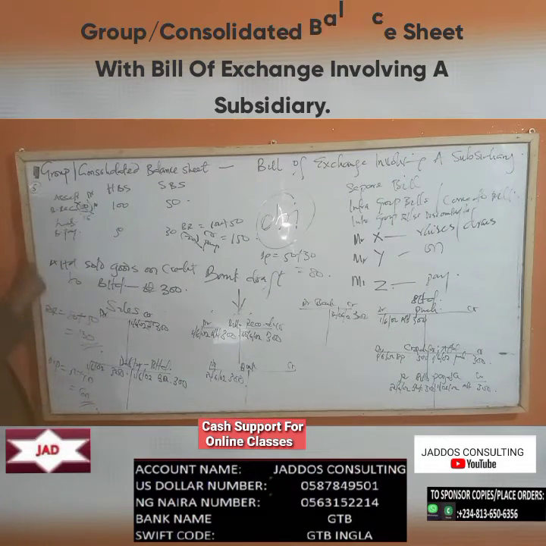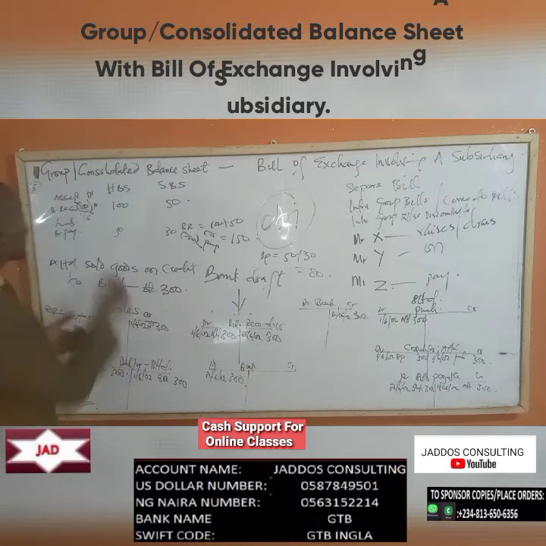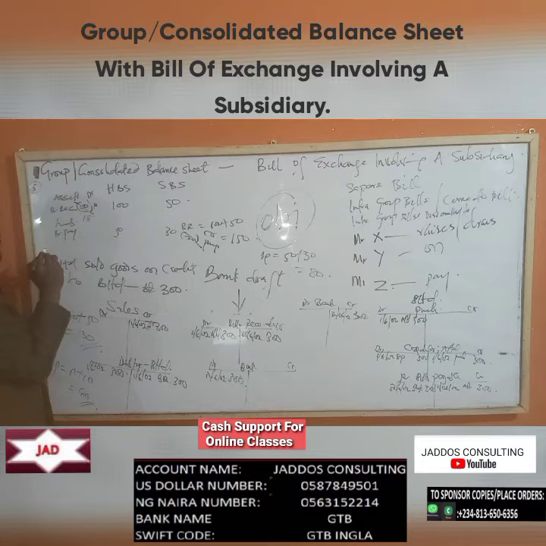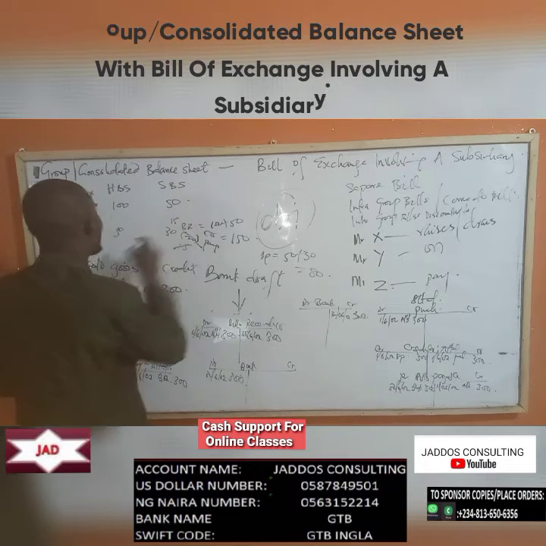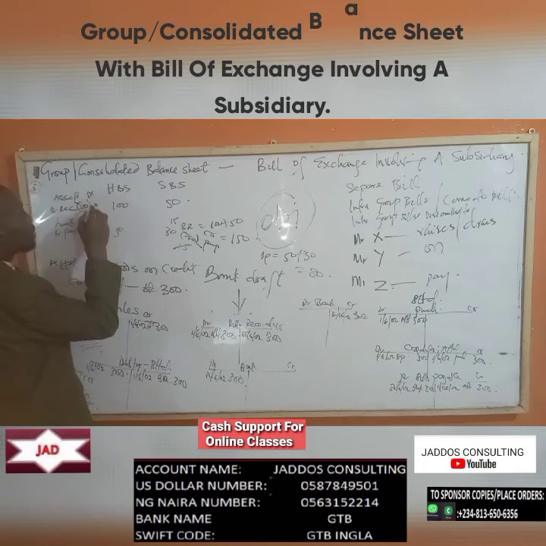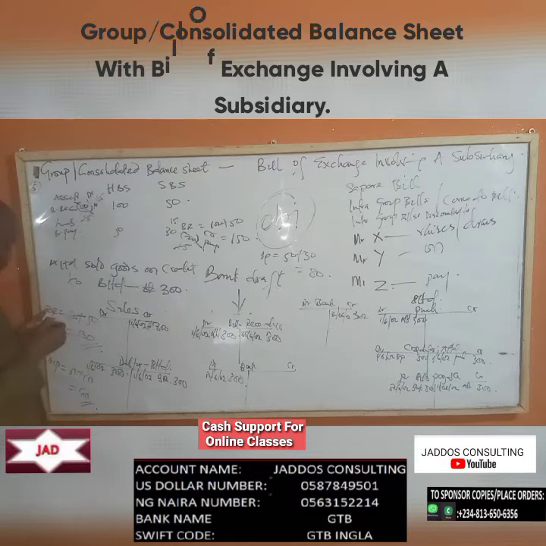Okay? So in that scenario, what you will cancel out at consolidation is the 15. So this 15 will now cancel 15 here instead of 20. So this will be remaining 15. This will now be remaining 85 instead of 80.